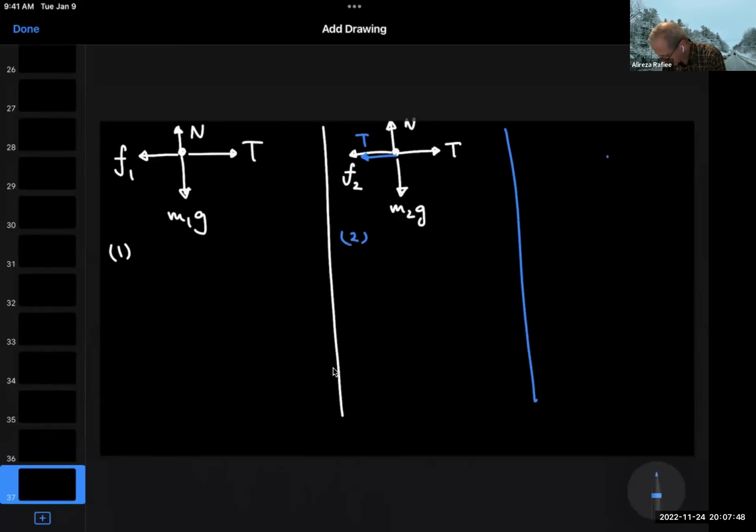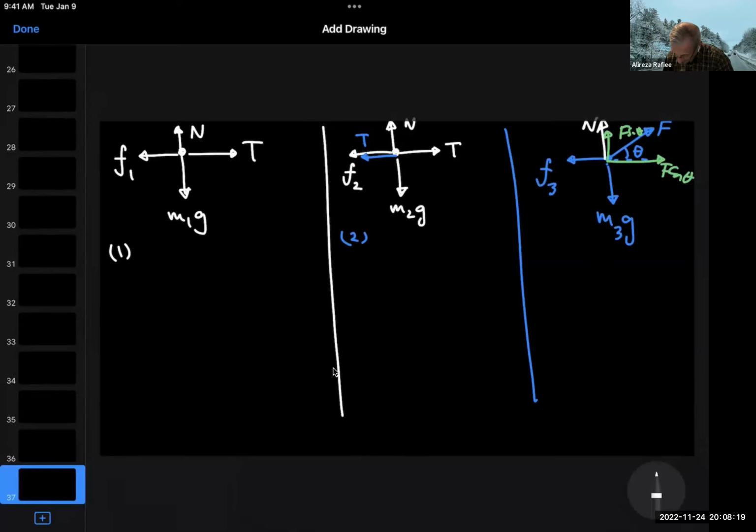And then for the three, I have this object, m3g is downward. I will have a friction 3 to the left. Then I will have a force F with some angle theta to the right, which gives me two components, F cosine theta, F sine theta, and then I will have, as usual, a normal force, which is upward.